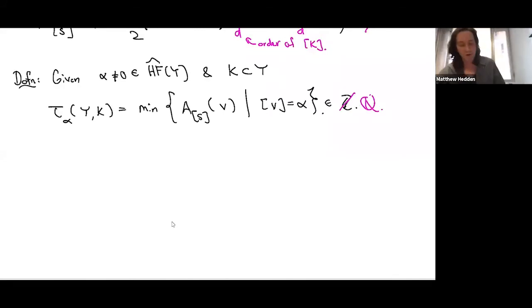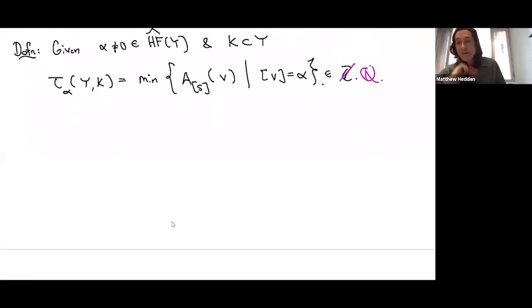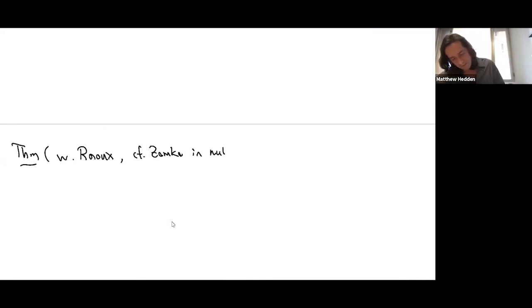Okay, and so the question then is, what good are these numbers? And the general answer is provided by the following theorem. Joint with Catherine. And there's an alternative proof that can be deduced from the grading shift formula and Zemke's work on link cobordisms and the null homologous case.